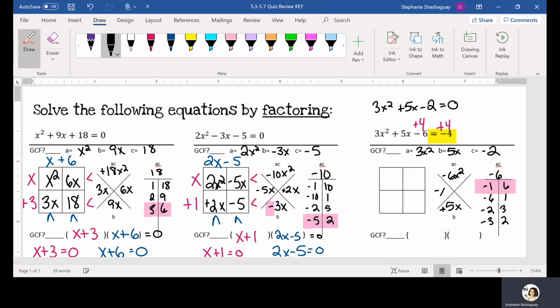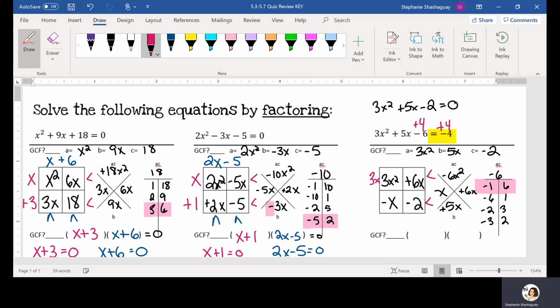So I'm going to have a negative x and a positive 6x, and I can use that to fill in my area model. Negative x, positive 6x. Down here, my c term is negative 2, so I can fill that in, and my a term is 3x squared. Now I'm going to factor that top row. 3x squared plus 6x, I can factor out a 3x.